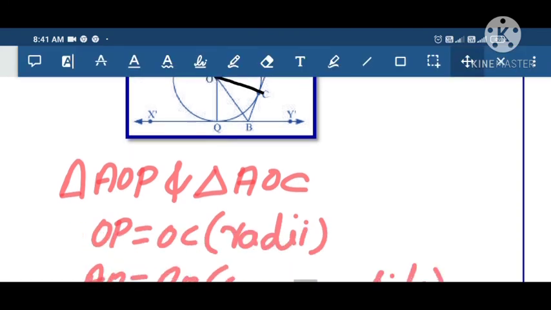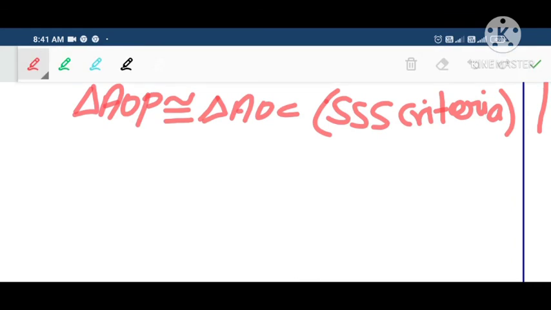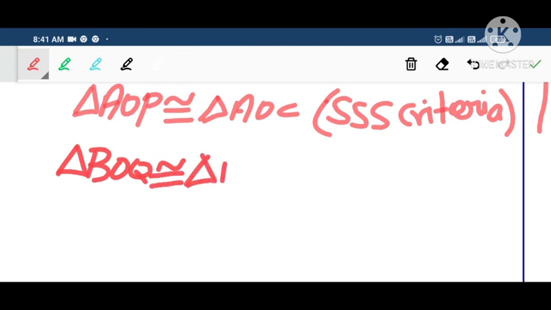You just write it as triangle BOQ is congruent to triangle BOC. Similarly, by the same concept, we take it over. And next, you just recall the lines and angles.